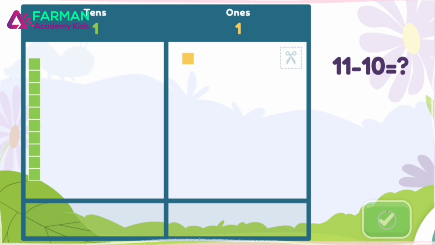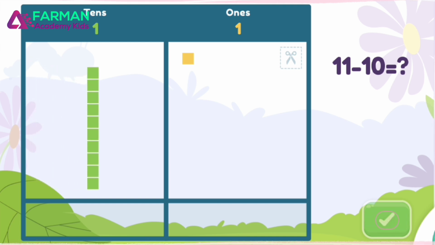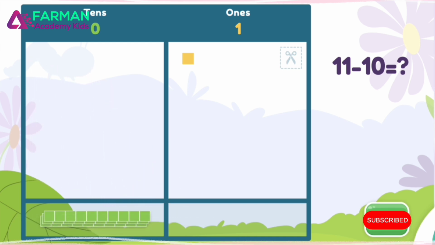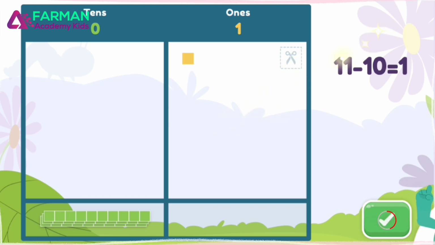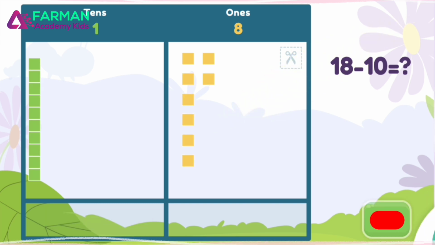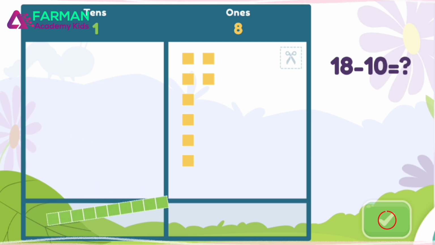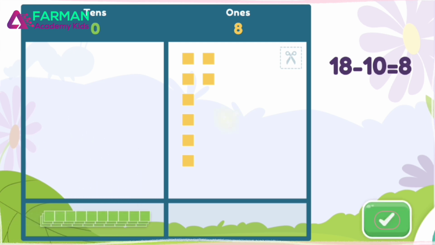There is 11. In the frame, remove 1 rod to take away 10. Great! 11 minus 10 is 1. Use the rods and blocks to solve the equation. 18 minus 10. Good work!